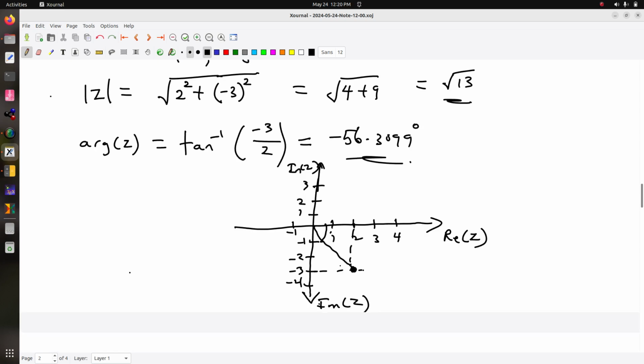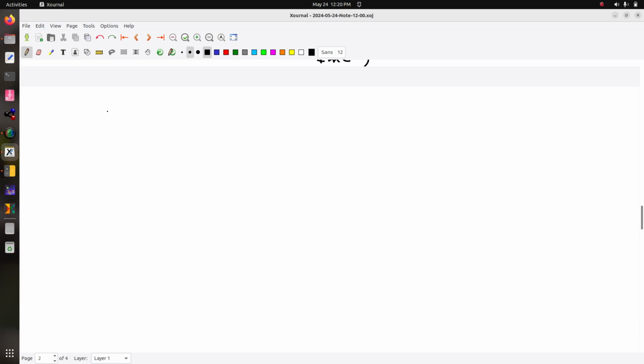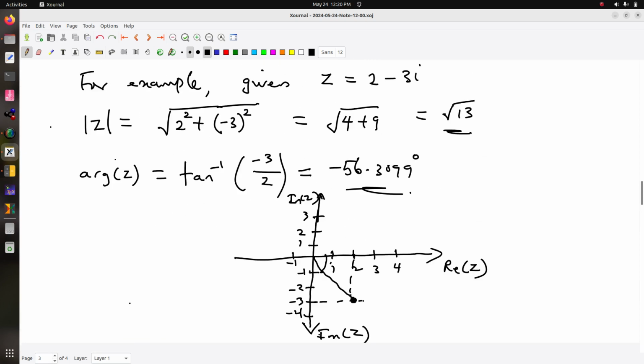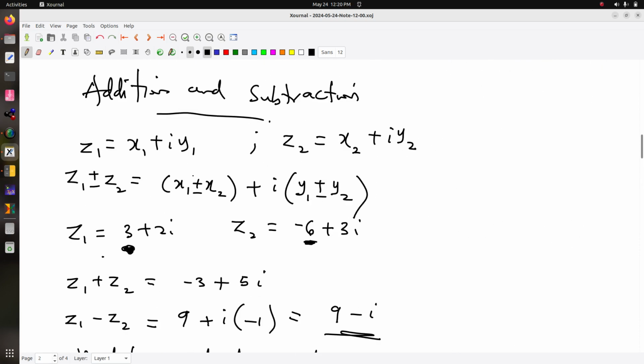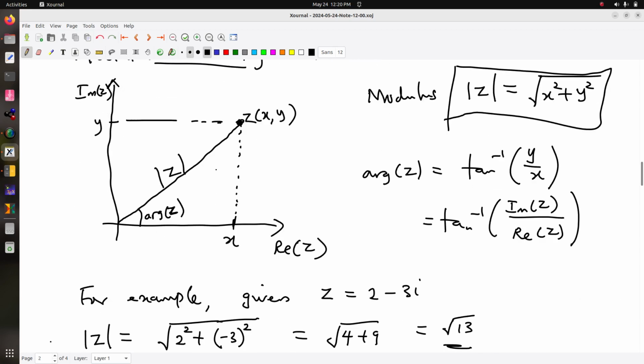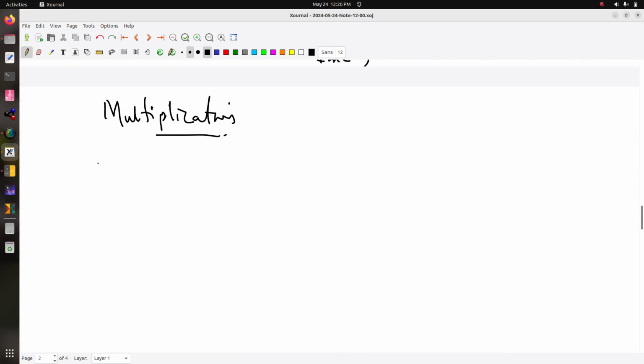Alright. So next is multiplication of two complex numbers. So again, we denoted z1 as x1 plus iy1, z2 as x2 plus iy2. So if we want to multiply those two complex numbers, z1 and z2, z1 is x1 plus iy1, while z2 is what? x2 plus iy2.